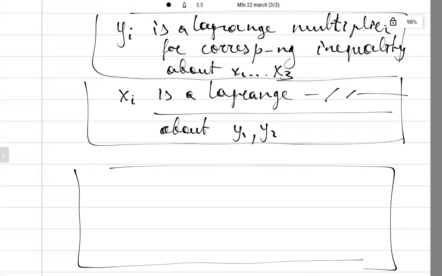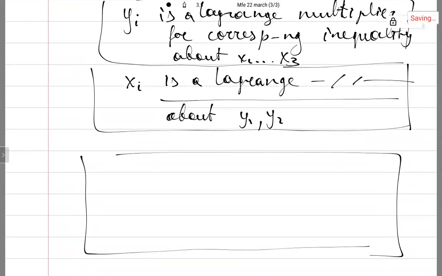Okay, and this rule basically can be stated as two very specific rules.